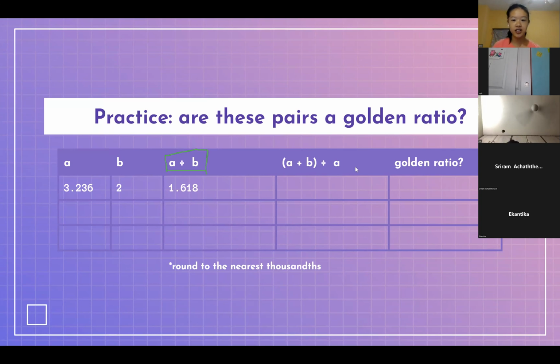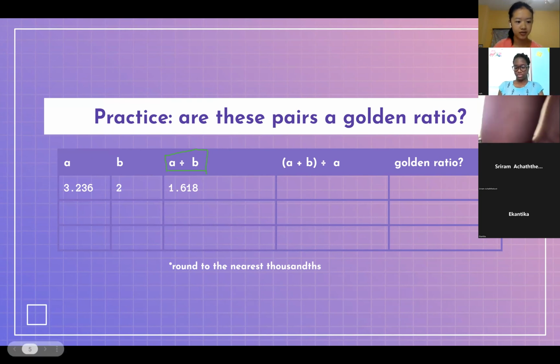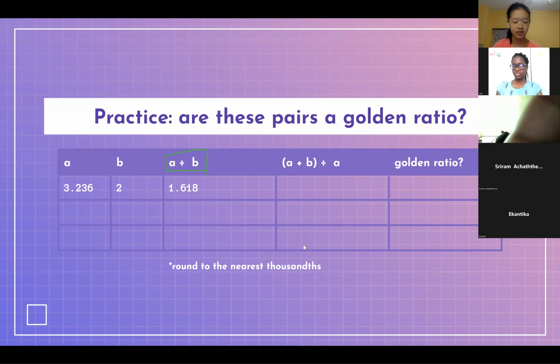So next, what is A plus B divided by A? So the sum of both of the numbers divided by the larger number. Yeah, so that would also be 1.618.